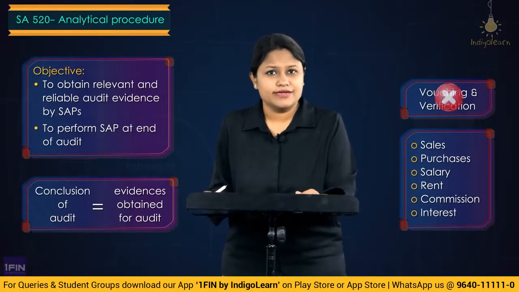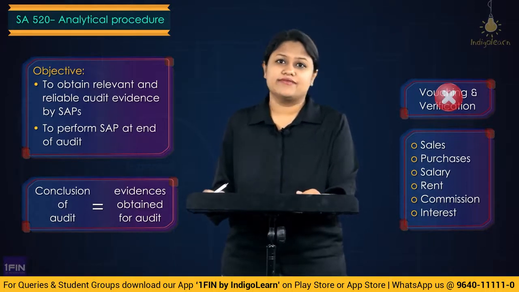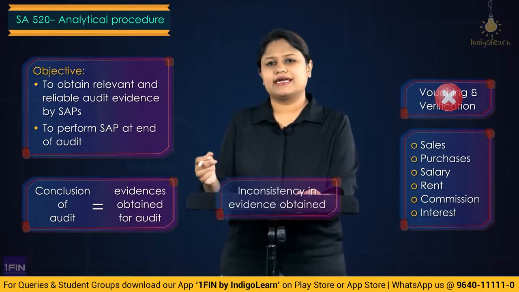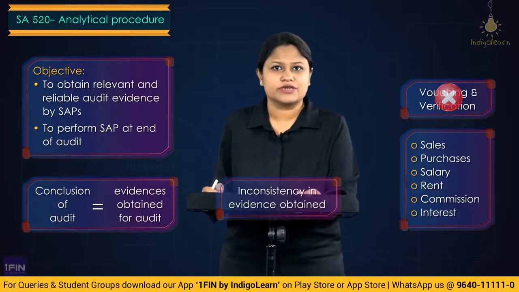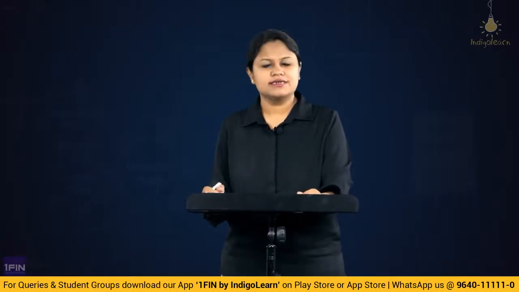In this case, what happened? You realized there has been an inconsistency between the evidences and the analytical procedure answers that you have got. Correct? So in this case, how are you going to take the further steps? That is what the question is asking you.